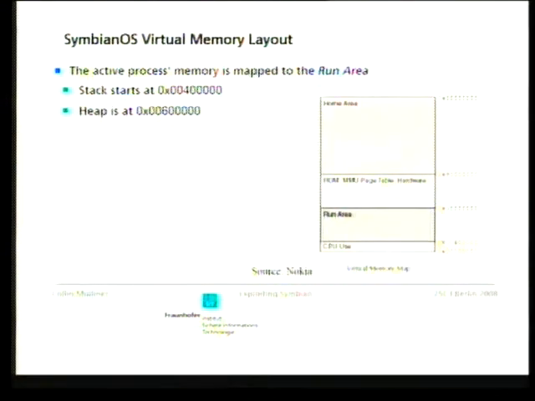Now, each Symbian OS application, of course, has virtual memory. The memory mapping looks like that. So you basically always have your stack at this address, with some slight offset because there's always some initial data at the beginning.